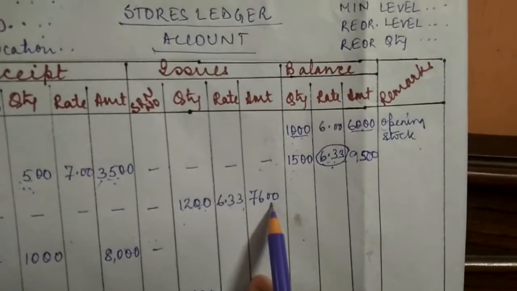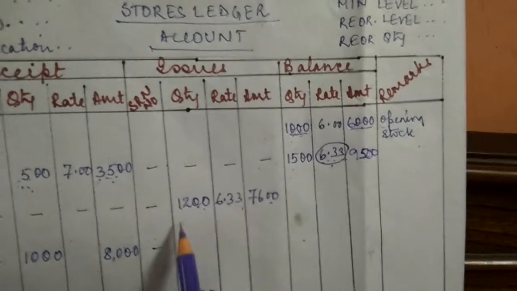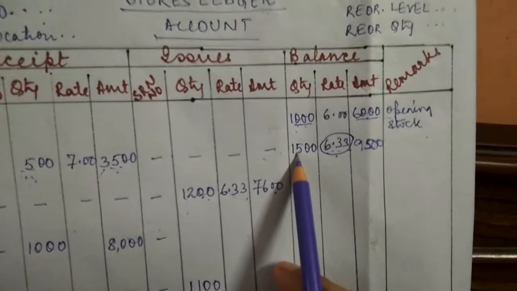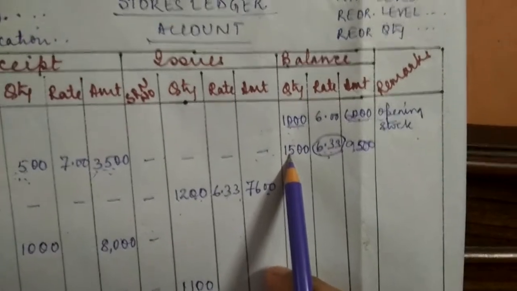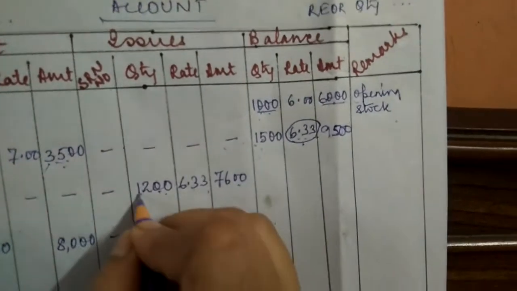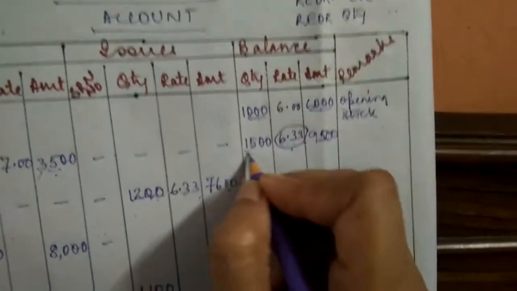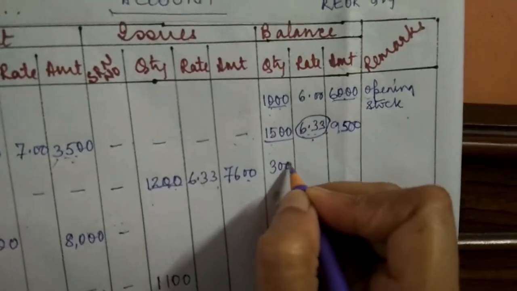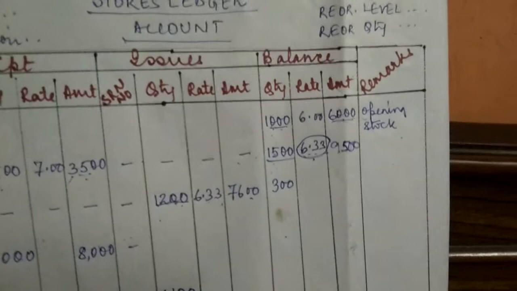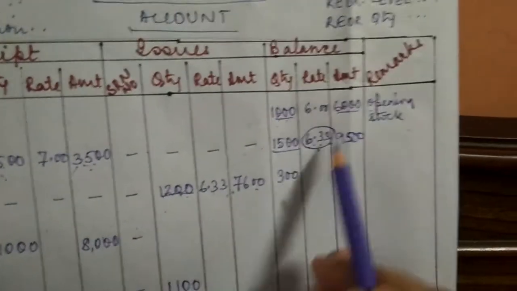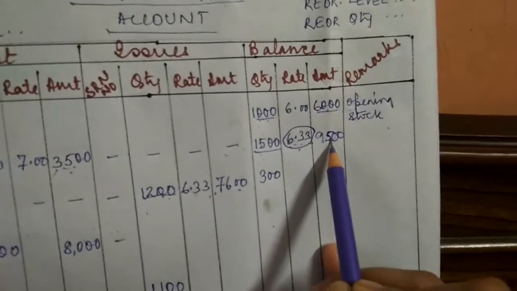Now what we will do? We have to deduct this 1200 from this 1500. When we deduct in the balancing column, we will get 300. So that is 300, okay. In the same manner, we have to deduct 7600 from 9500.